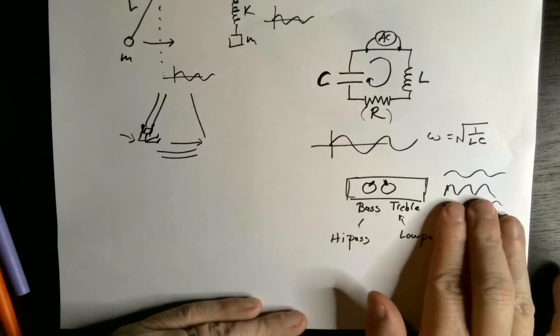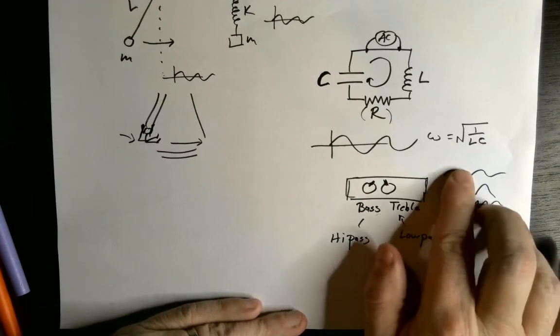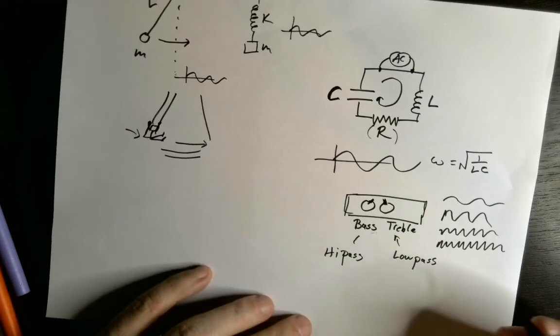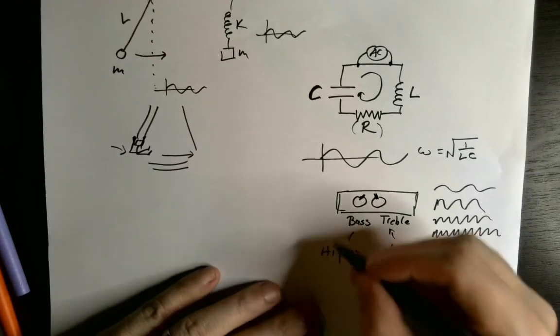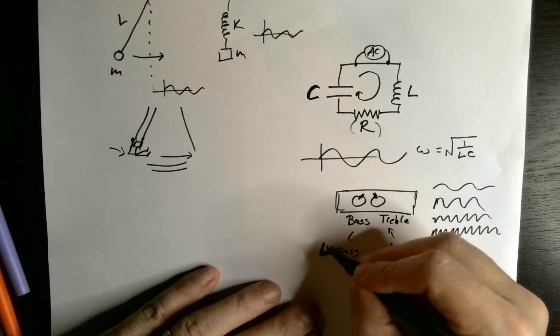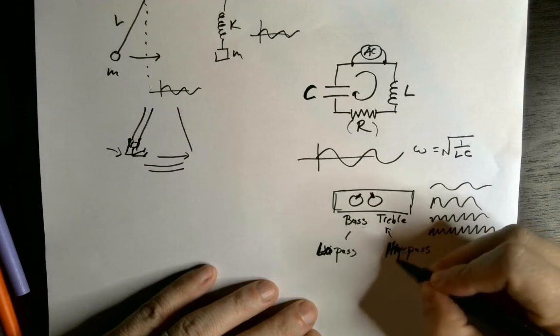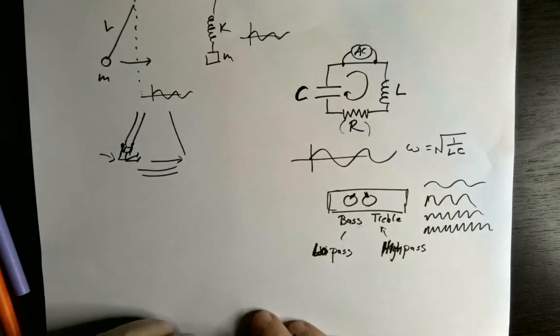It would preferentially not allow the high frequencies through and let the low frequencies through. So I got this backwards, right? Yeah, the bass is a low pass filter that filters out the highs. The treble is a high pass filter that filters out the lows.